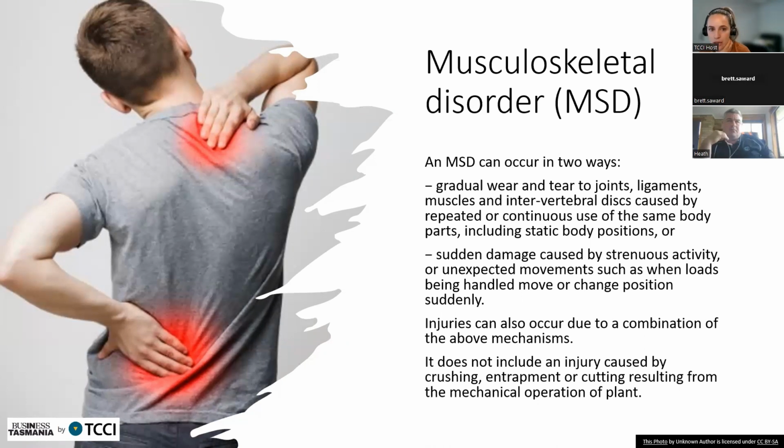So an MSD refers to an injury or disease to the musculoskeletal system. Some examples can be sprains or strains to muscles, ligaments, or tendons. They're your more common ones. We can get back injuries, including damage to muscles, tendons, ligaments, spinal discs, nerves, joints, bones, lots of things.